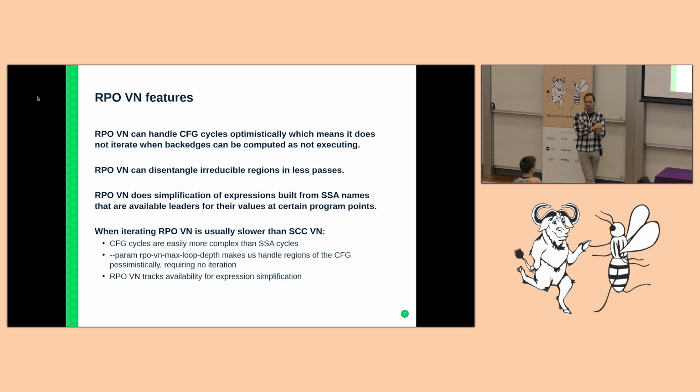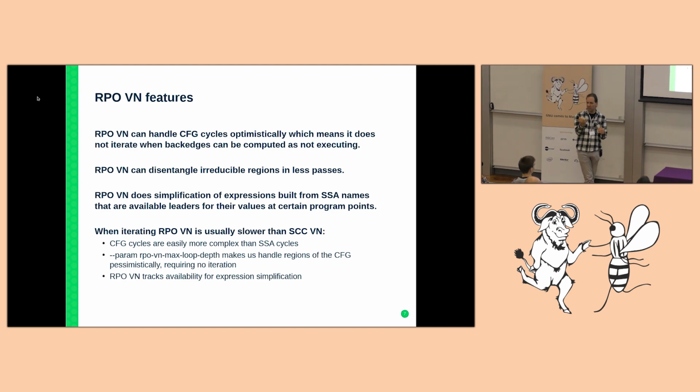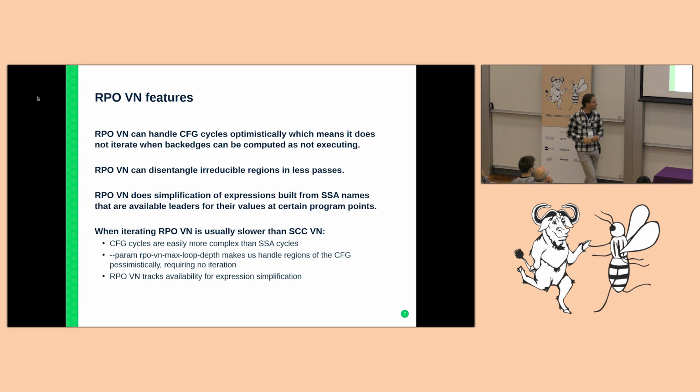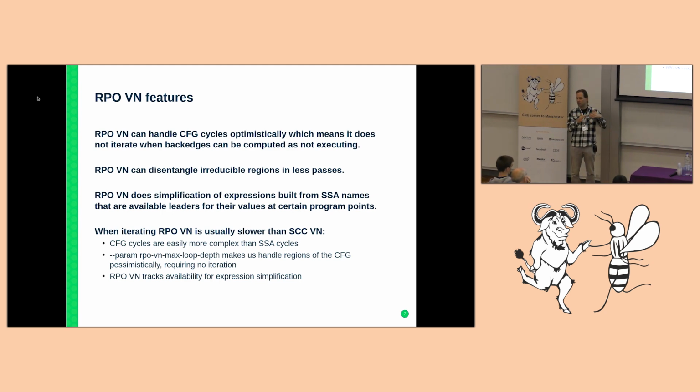In addition to the value lattice itself, it also tracks availability during the iteration, so what SSA name is available for a given name. It does this mainly to have this information available when it does the expression simplification. This in principle makes the iteration a little bit more costly.